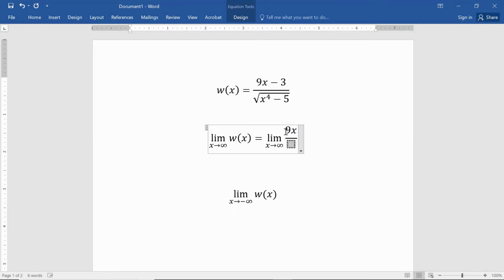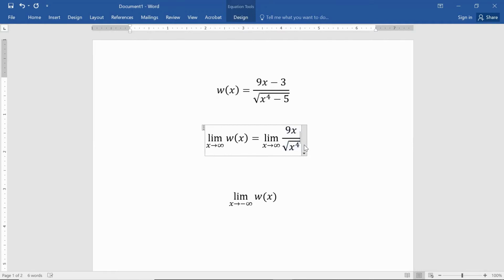And then we look at the most significant part of the growth rate on the bottom. In the denominator, we have the square root of x to the 4th minus 5. This minus 5 is not going to contribute very much when you get really, really big values of x. And so that bottom is kind of like the square root of x to the 4th.